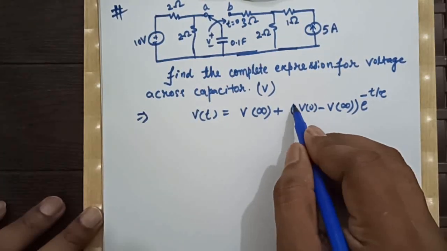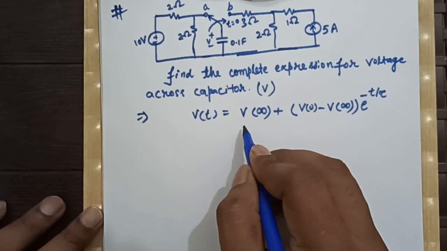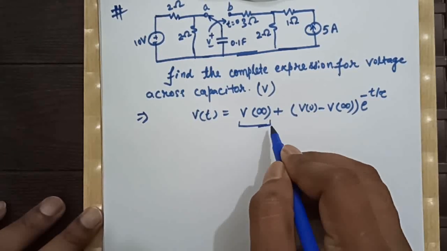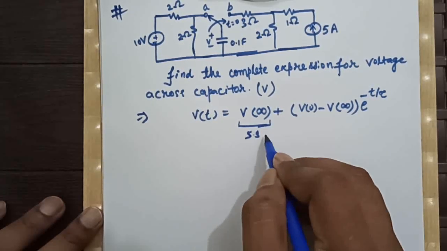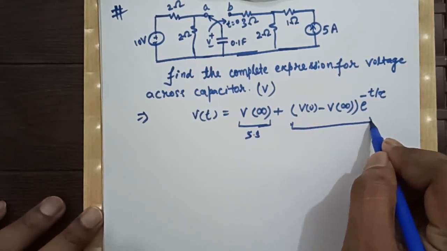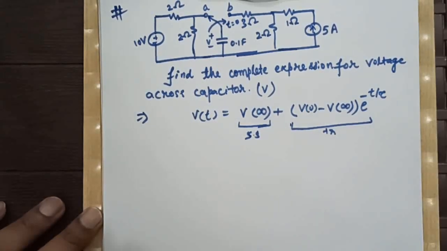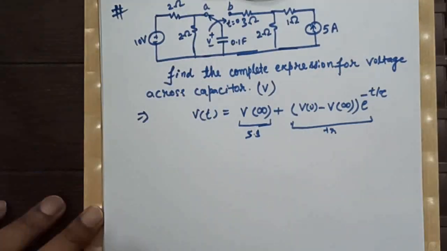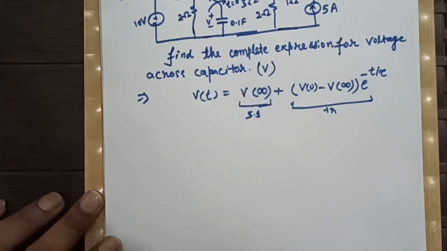Isn't it? In which this part was the steady state part and this part was the transient part, right? So let us see how to solve it.